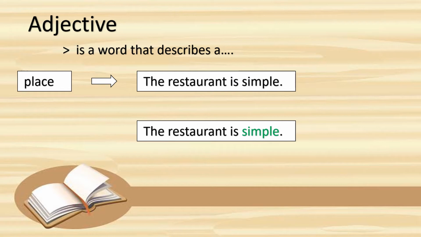Since simple describes your restaurant, then the word simple is our describing word, or shall we say our adjective. And since it describes the word restaurant, then simple is an adjective. Do you get it? Alright, good.